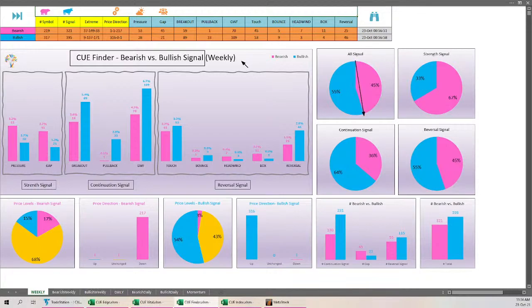The weekly technical all signals 55% bullish, not as bullish as one would expect from the market being, especially SPY, DIA being at or near all-time high. Strength signals is actually bearish, trend continuation more bullish, reversals more bullish but balanced. Overall, it is still bullish but not as bullish as we would expect from the market ETFs. Still no sign of bearishness. We cannot say that there is any bearish sign in this technical breadth weekly interval.